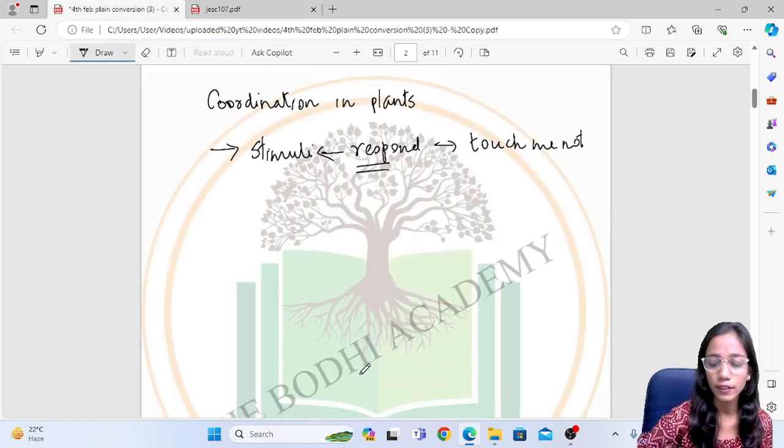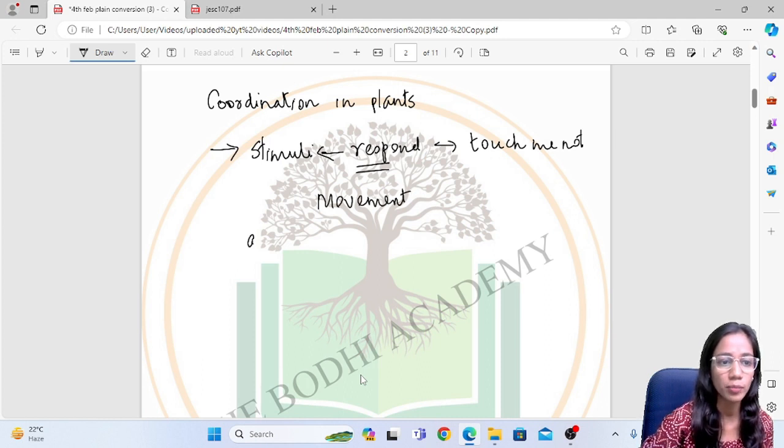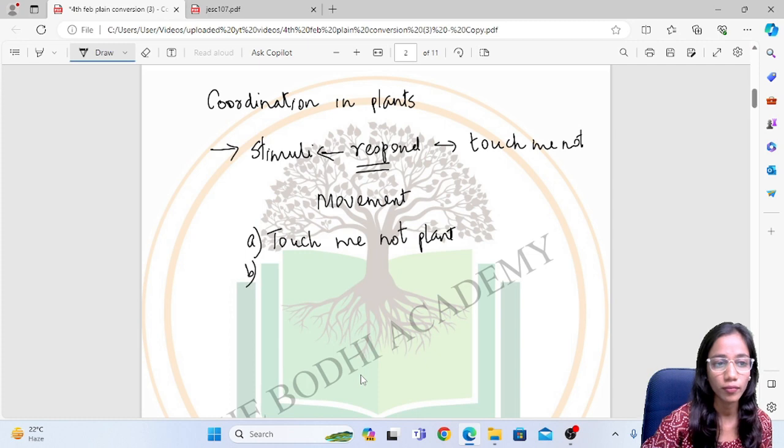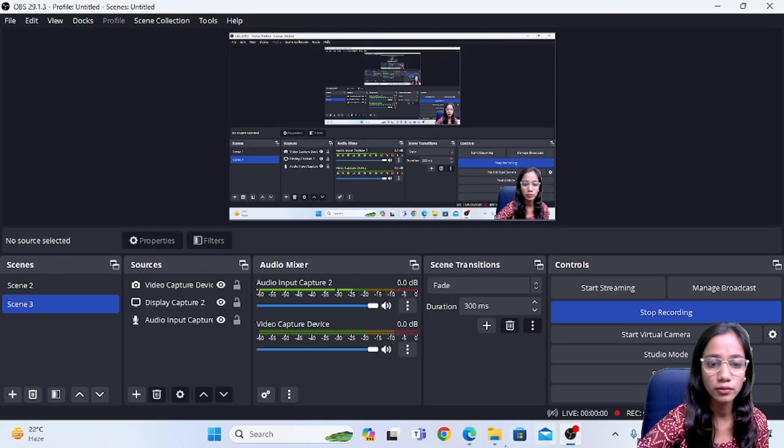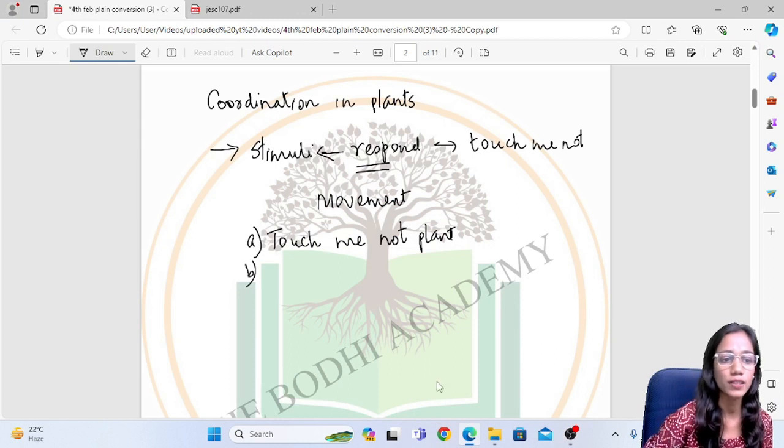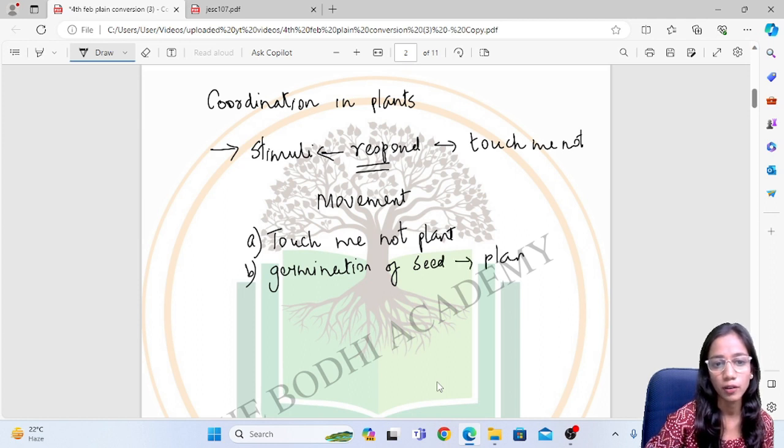So one example of movement is the touch me not plant, and how it responds to the stimulus, and the second movement is the germination of the seed to form the actual plant, wherein the root will go down and the stem will come up.